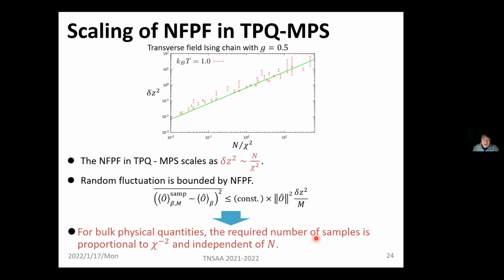Let us finally examine this scaling formula of NFPF numerically. This is the numerical result of the transverse Ising chain at t equals 1.0 for typical MPS, where results of different chi and n are plotted together. It shows agreement with the analytical result. Results of other temperatures also follow this form. Again, we present the formula that the variance of physical properties is bounded by NFPF, shown in this equality.